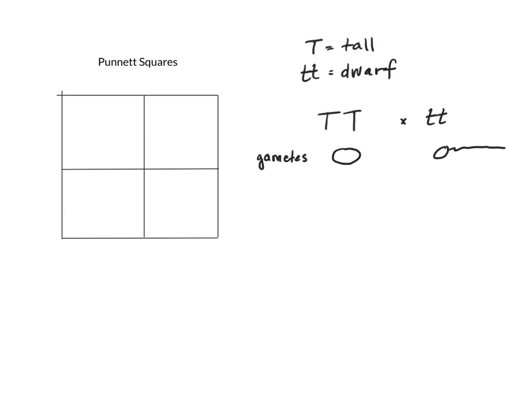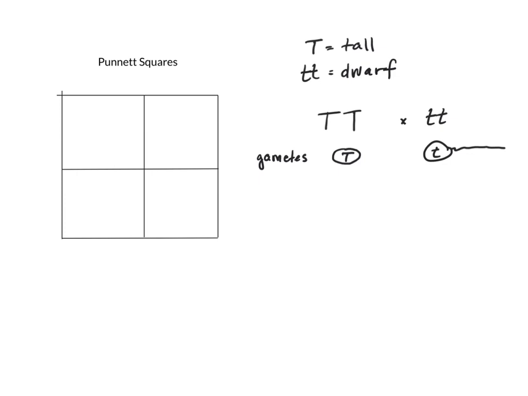So this plant can only pass on the tall allele because it has two of them. This plant can only pass on the recessive allele. Again, it's got both recessives, so the only type of gamete that it can make, the only type of sperm in this case, is a sperm which would contain the recessive allele.